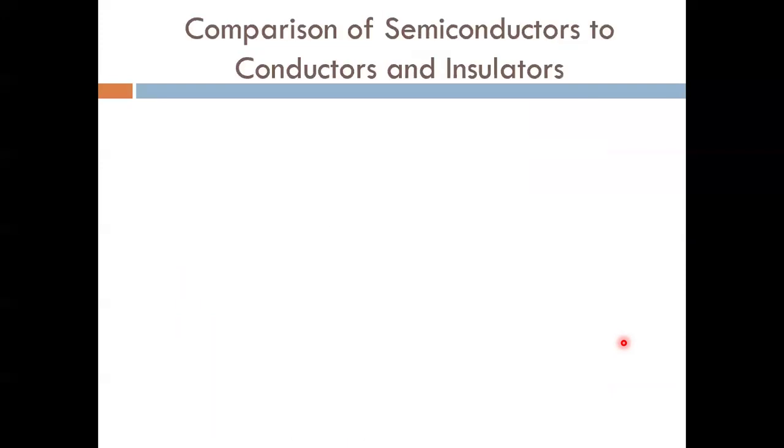Now let's compare again the semiconductors to conductors and insulators, but now in terms of the energy gap. Already we have seen this comparison in terms of the conductivity, but now we are seeing this comparison in terms of the energy gap.